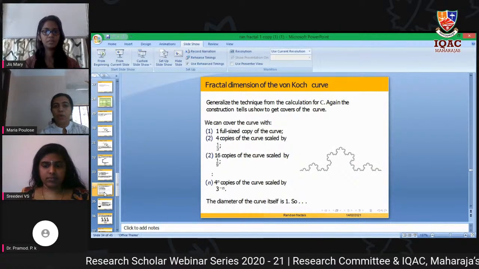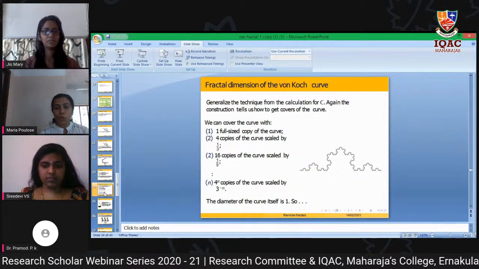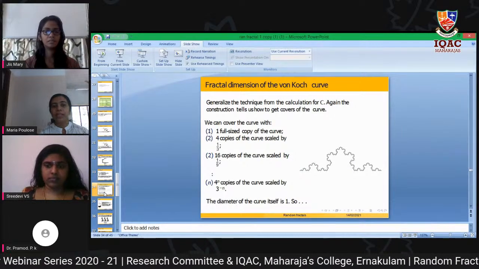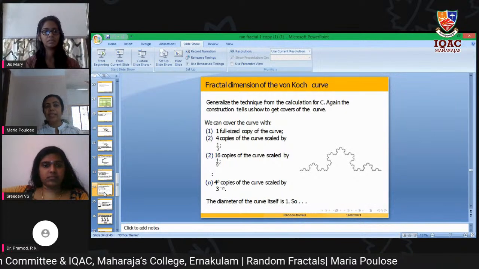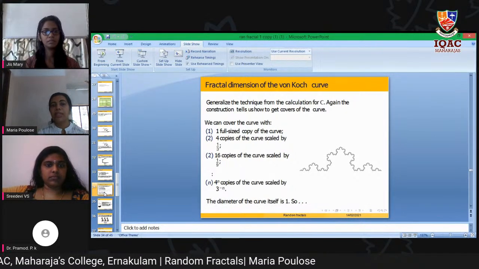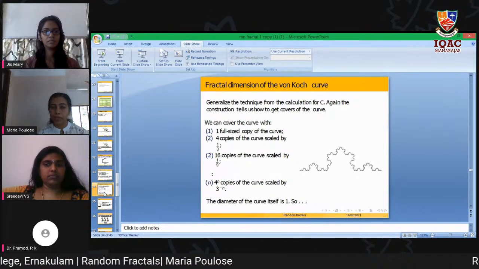Then we look at the fractal dimension of the von Koch curve. We generalize the technique from the calculation for C. Again, the construction tells us how to get covers of the curve.